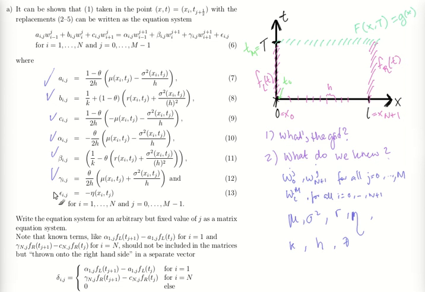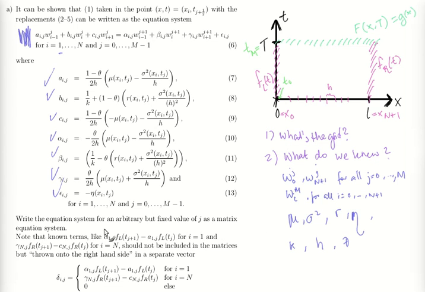So we know the values of all of these coefficients. So it suffices to just look at this thing over here and think about how to write it up as a matrix equation. And when we do that, you may notice for i equal to 1 that you have W0j down here and W0j plus 1 down here. And these are actually values that you know, and that holds for all j.